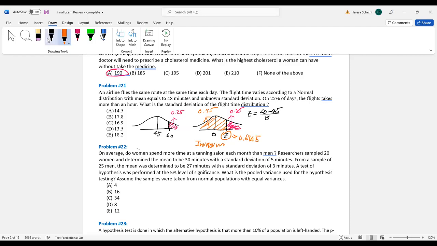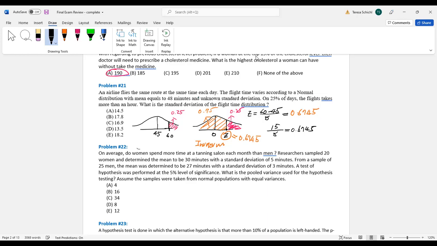So this z value is going to be equal to 0.6745. Now I know 60 minus 45, divided by sigma, equals 0.6745, right? This is just a little algebra. 60 minus 45 is 15. Divided by sigma equals 0.6745.